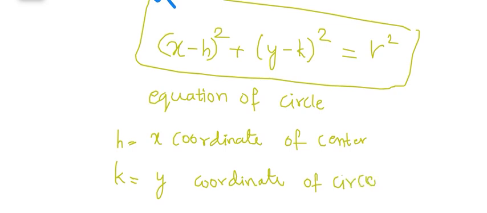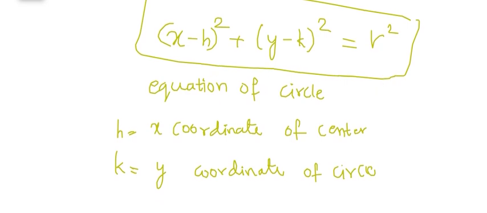Now notice on the right side, whatever is written is radius squared. R is equal to the radius.